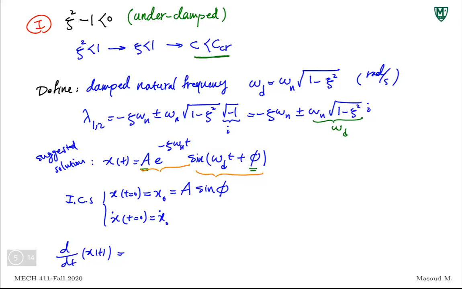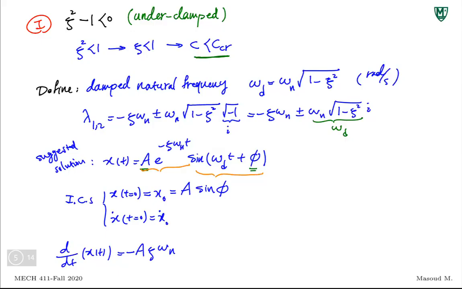So we take the derivative with respect to the first one. This becomes minus A. Keep in mind, we're taking the derivative with respect to time, so everything else is a constant for us, as long as it's not a function of time. Zeta omega n.